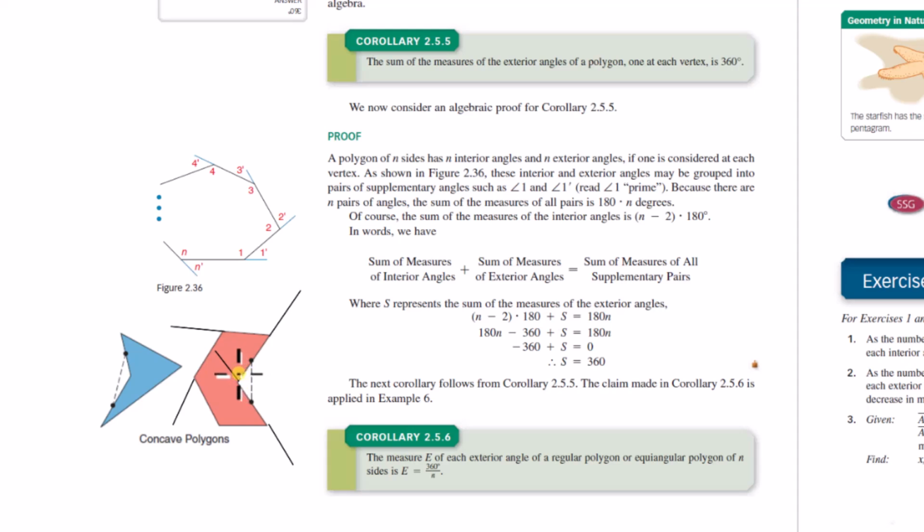Well, no, this isn't an exterior angle, because how are you going to relate this angle as a supplementary pair? So I would say with a concave polygon, at the reflex angle, there is no exterior angle. I mean, unless you consider, well, no, I guess this would be the exterior angle.